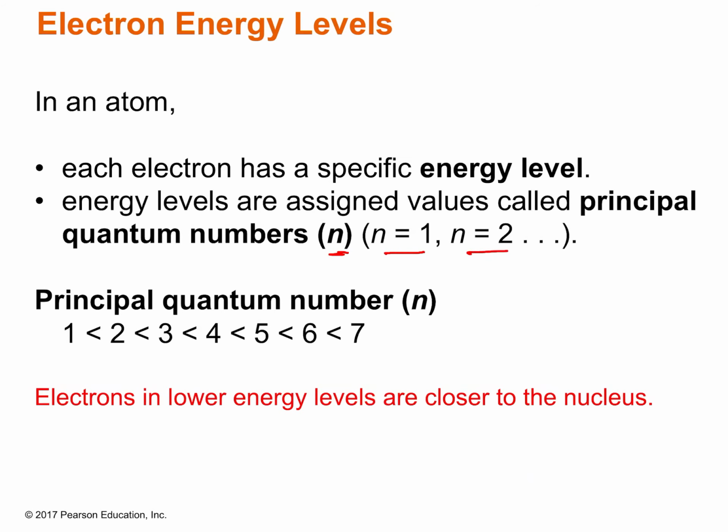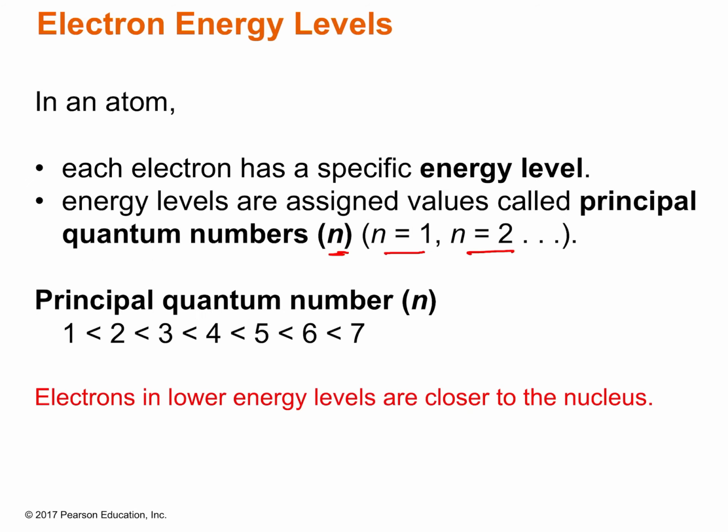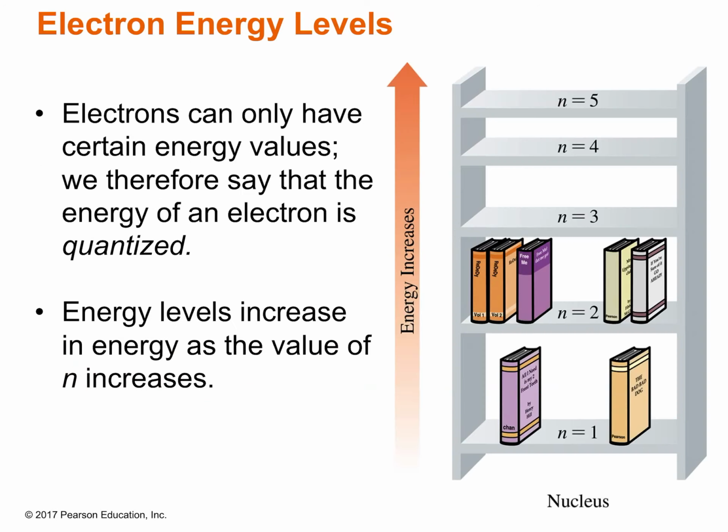So if you see this n, that's n equals 1, n equals 2, and they go all the way up to 7. Again, 1 will be the lowest in energy because it's closest to the nucleus, and as we go farther and farther out, they become higher and higher energy, and they will get higher and higher numbers.